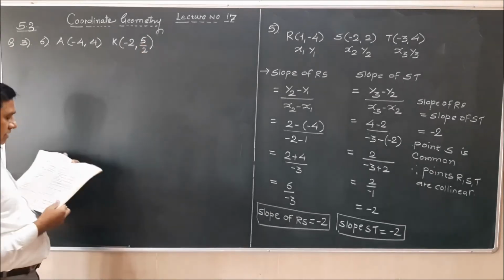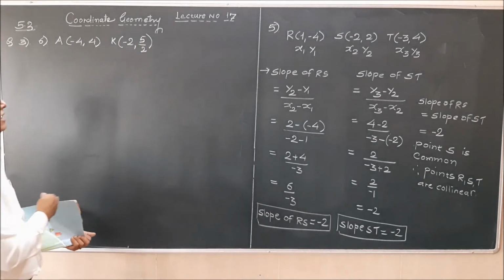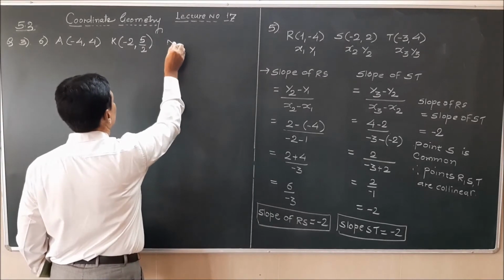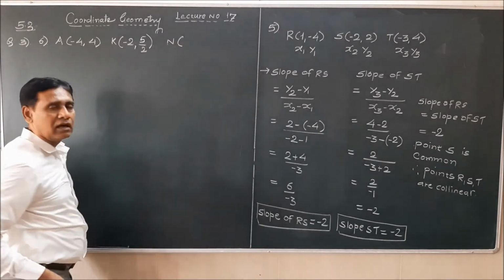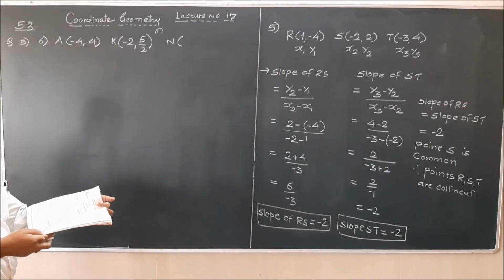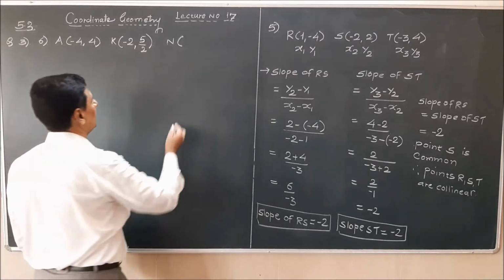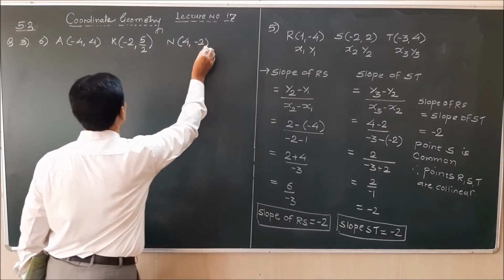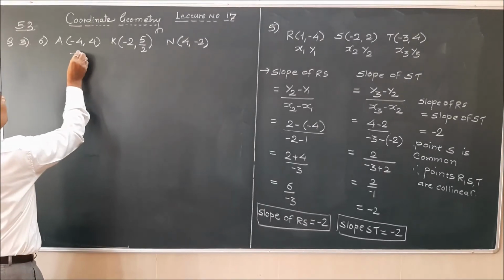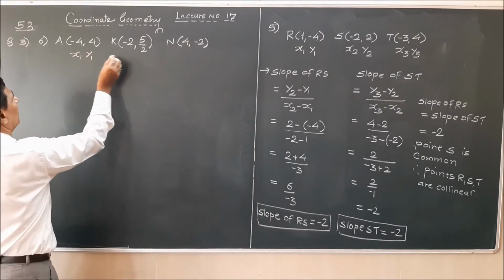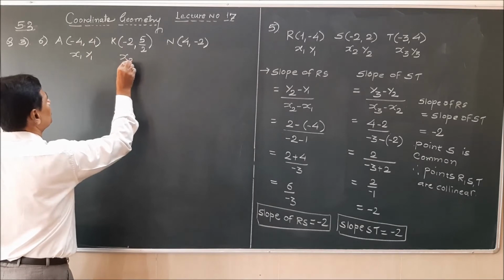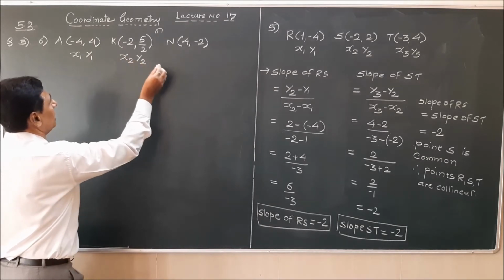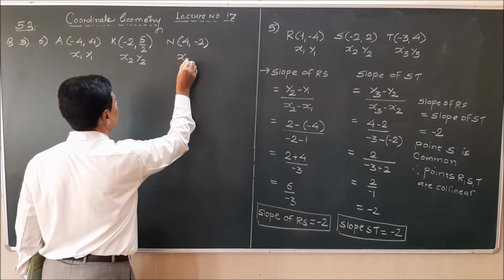And the third one is N, and coordinates of N are 4 comma minus 2. So label them as x1, y1, the coordinates of K as x2, y2, and coordinates of N as x3, y3.